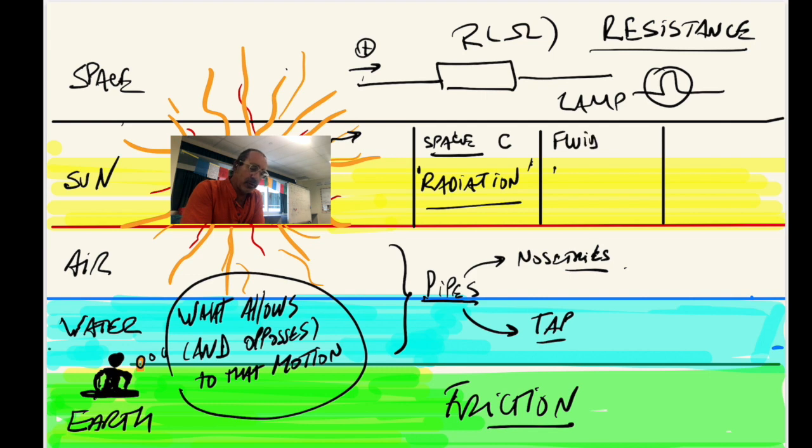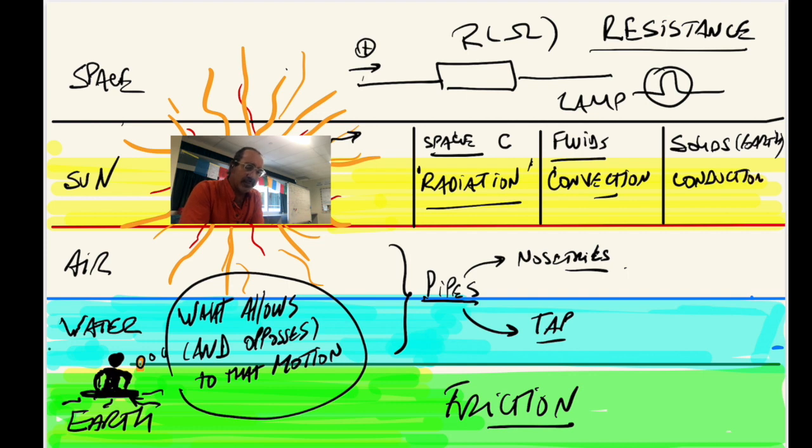Now, if it goes through fluids, through water or air, through the atmosphere, then we call that convection. And if it goes through matter, let's say solids like Earth, like heat coming from the Earth to our body by vibration from molecule to molecule, we call that conduction. So basically, when we study the ways in which heat is transferred, we study radiation, convection, and conduction.